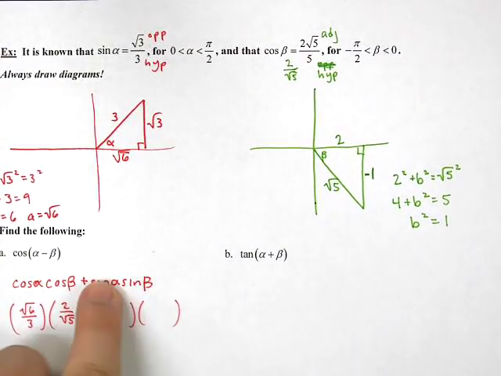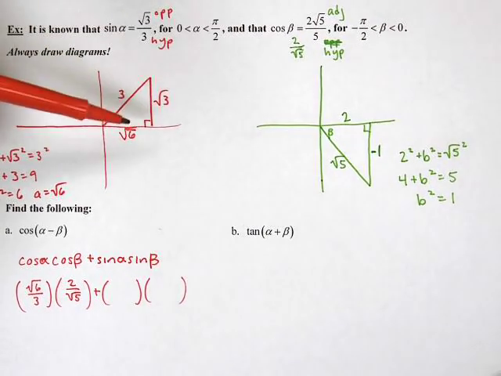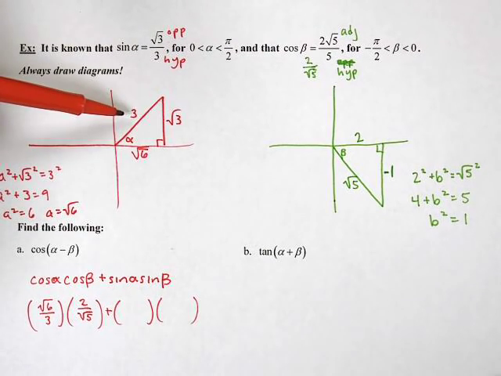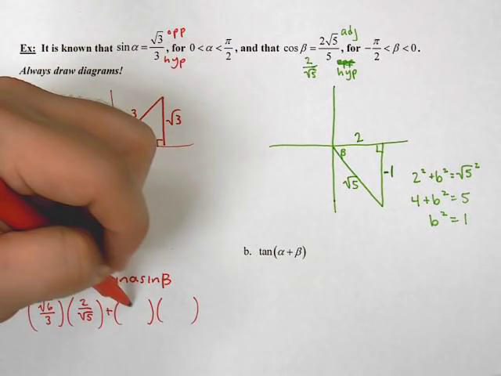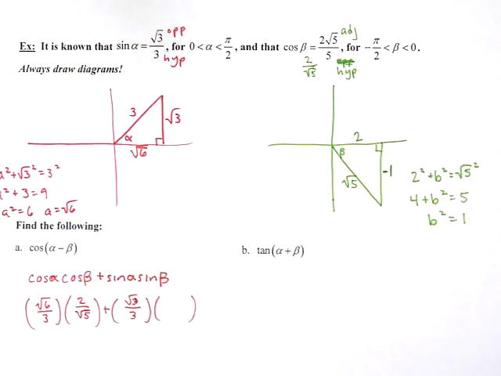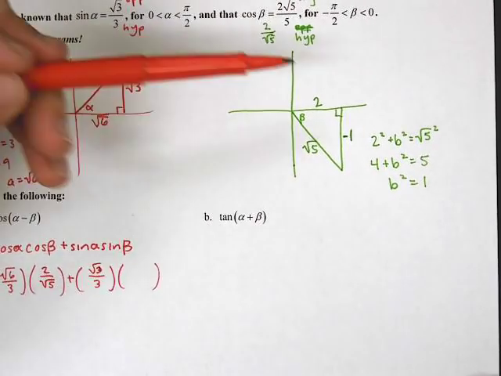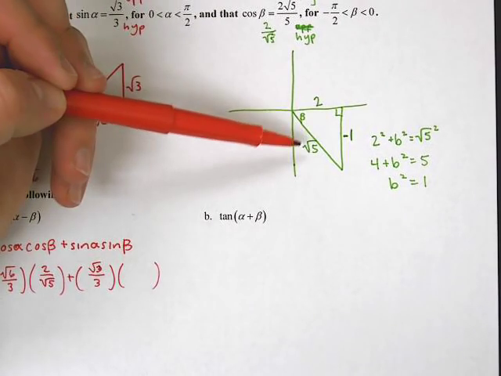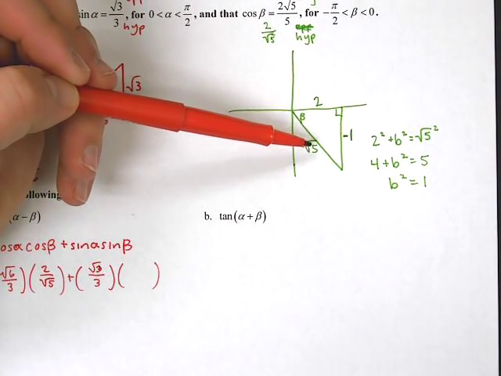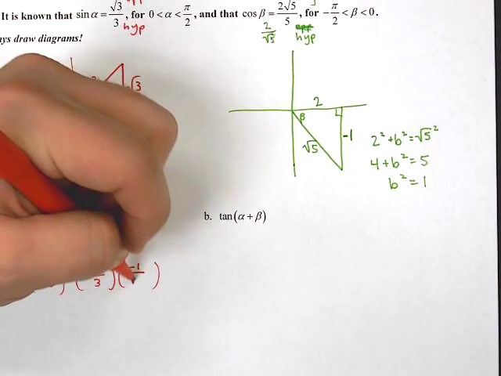For sine of alpha, we have root 3 over 3. And for sine beta, that is just y over r, so negative 1 over root 5.